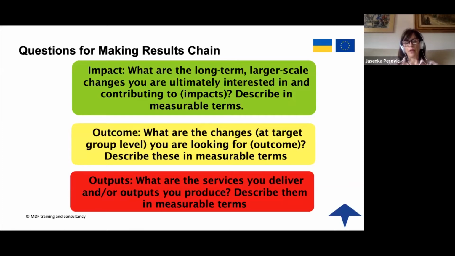These are the outcomes. Again, it is important to describe them in measurable terms. At the impact level: what are the long-term, large-scale changes you are ultimately interested in and contributing to? Again, try to have it in measurable terms. And throughout the next slides, we will also come to how you define things in measurable terms.